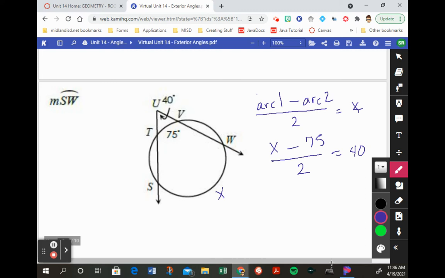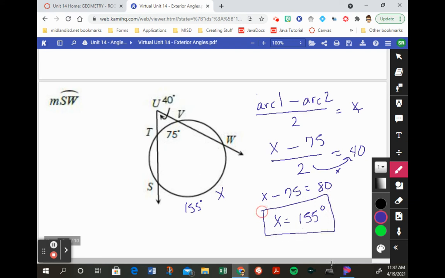So I'm going to get rid of this 2 by multiplying over here. So that would give me x minus 75 equal to 80. I'm going to add 75 to 80. 80 plus 75 is 155. So x is equal to 155 degrees. And there's my answer.